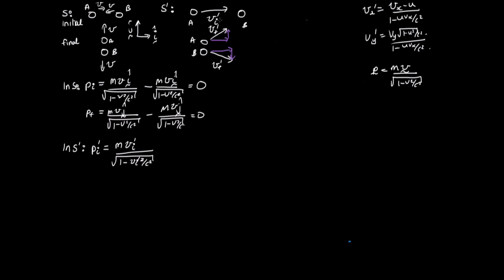Now we can calculate v initial prime using our velocity transform equations in terms of v. So again, this is just exactly what we did the first time.